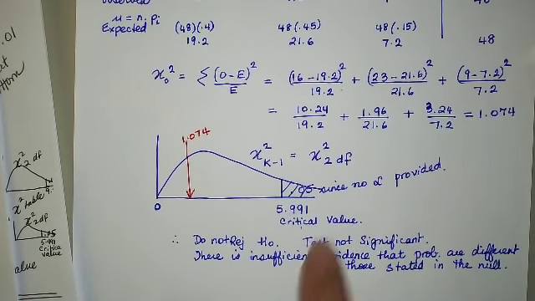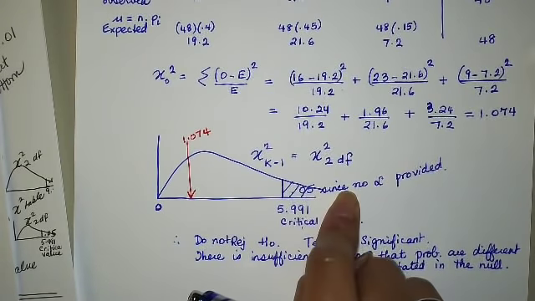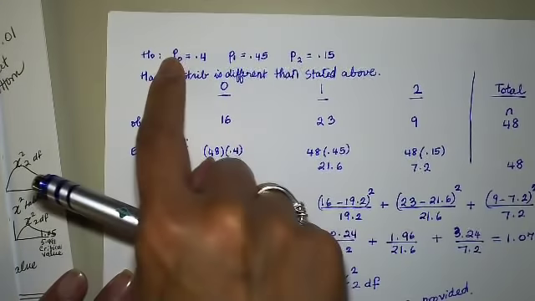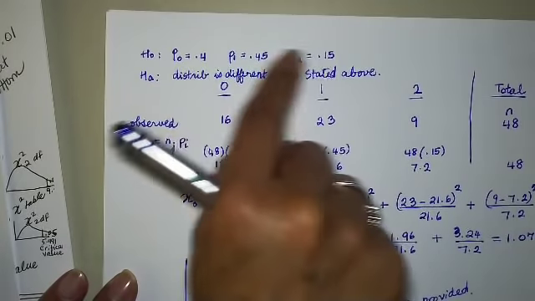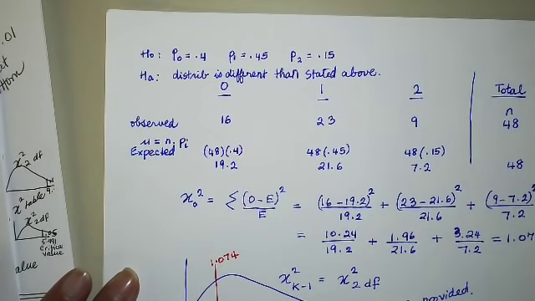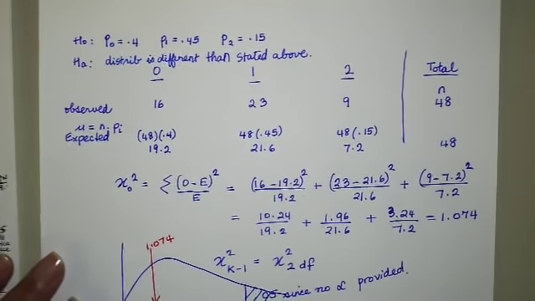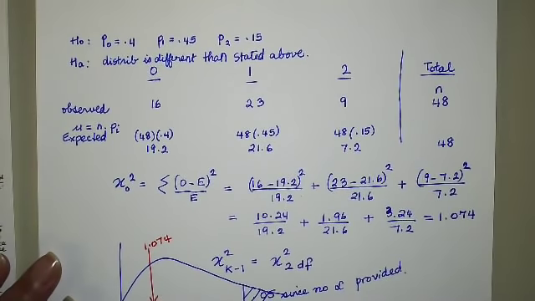Follow me? A large chi-square value, a value in here, would mean that it's not this distribution. The distribution is different than the one stated over there. This one is saying, I have no evidence that the distribution is different than that distribution.